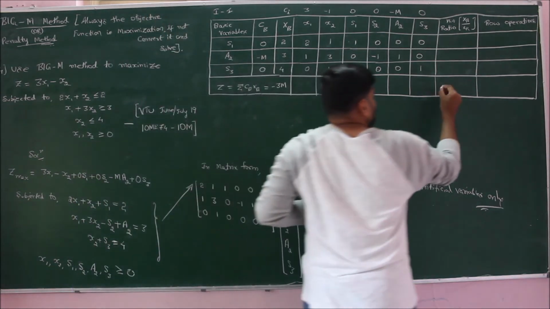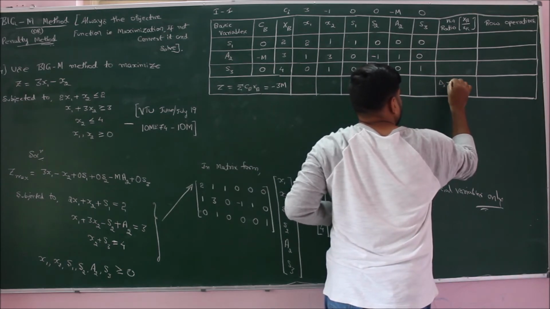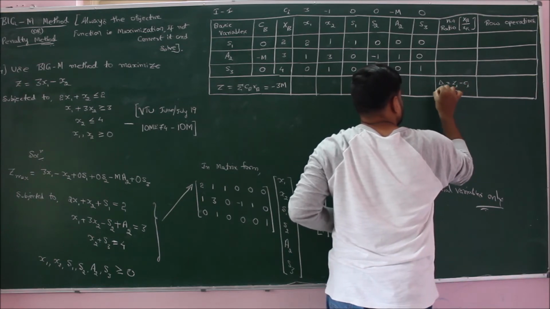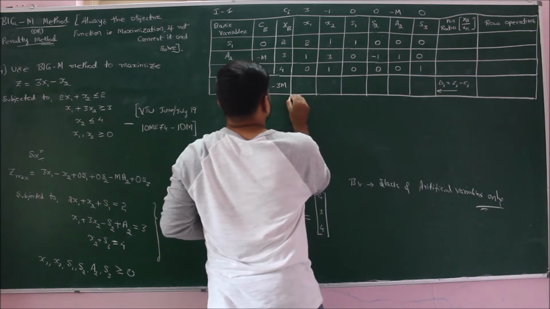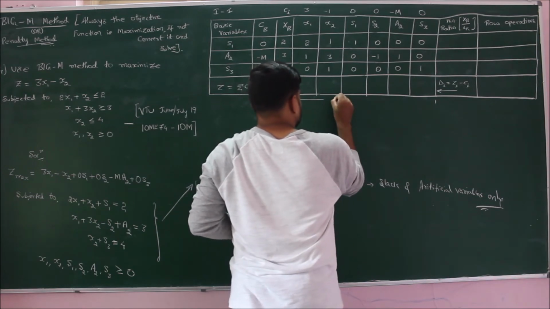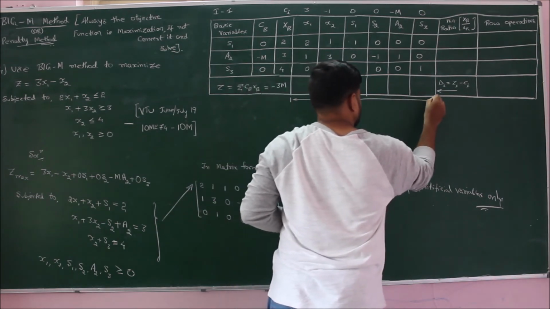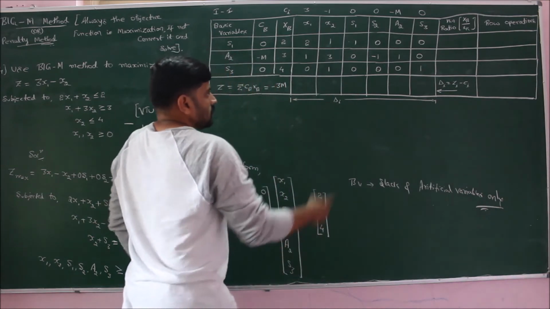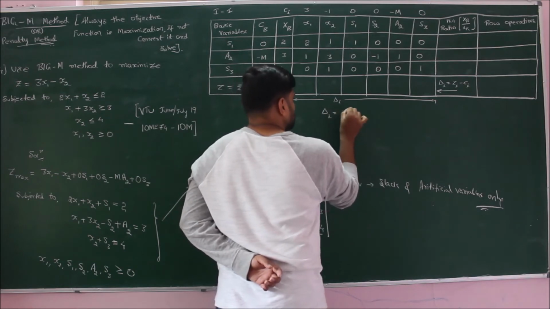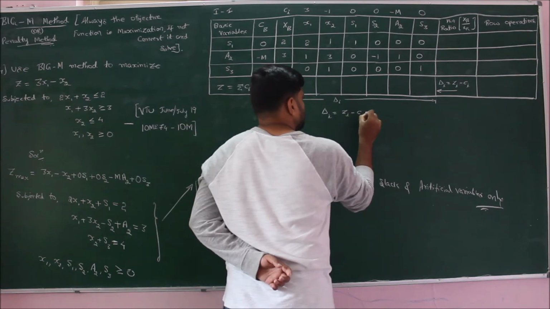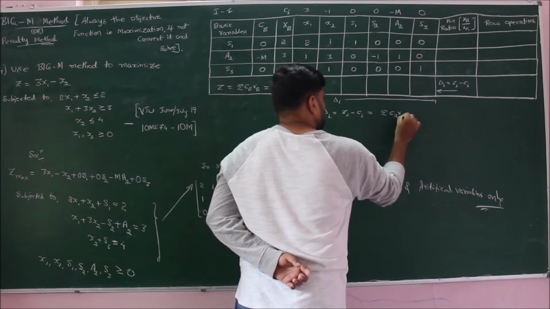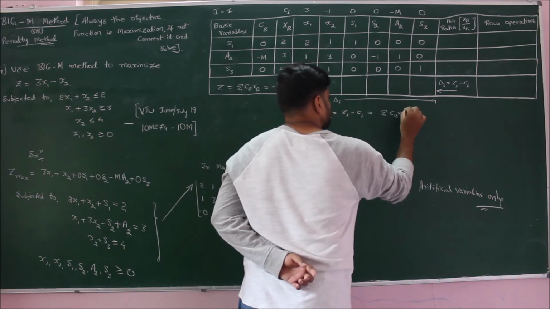Now I should calculate the value of delta i. We know the formula, delta i is equal to Zi minus Ci. I should calculate the values of delta from x1 to s3. The formula for delta i is given by Zi minus Ci, which is nothing but summation of Cb xi minus Ci.